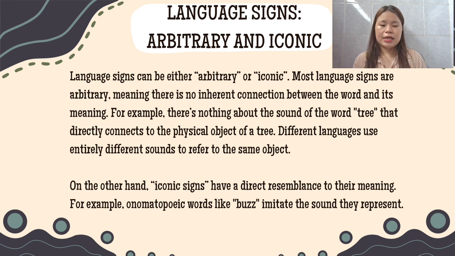For example, there's nothing about the sound of the word tree that directly connects to the physical object of a tree. Different languages use entirely different sounds to refer to the same object.